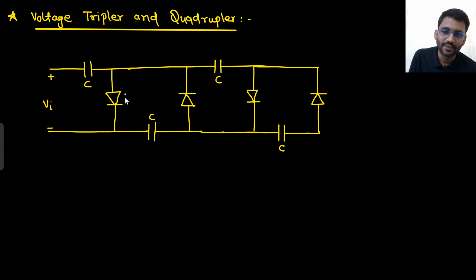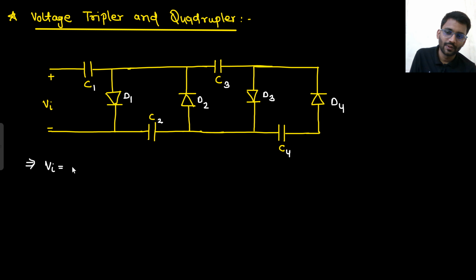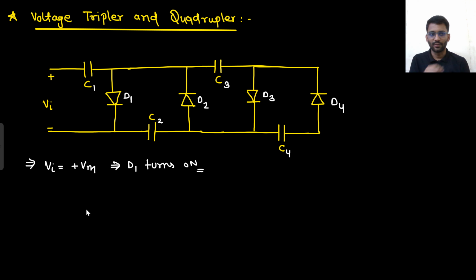Okay. So let's consider this as diode D1, this as D2, this as D3, and this as D4. So when D1 will turn on, Vin is equal to Vm. So our first task is to turn on diode D1. So let's call these C1, C2, C3 and C4. Vin is equal to Vm. D1 is on. So what will happen?